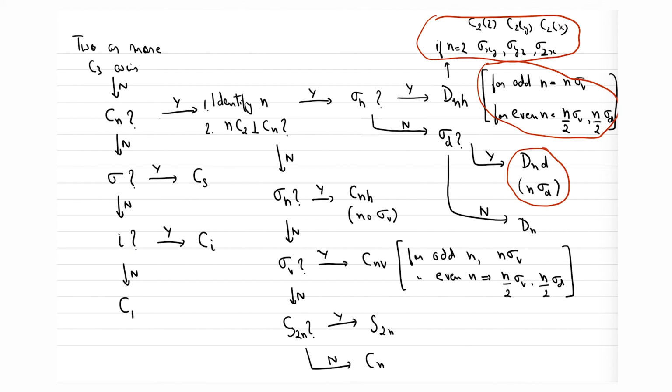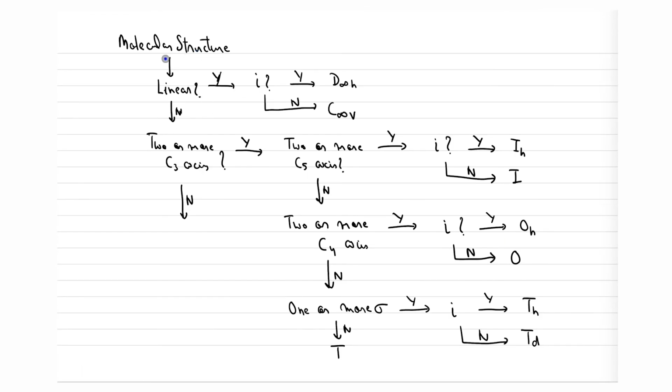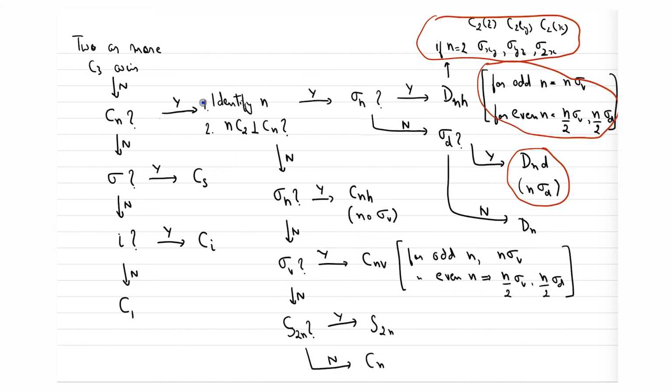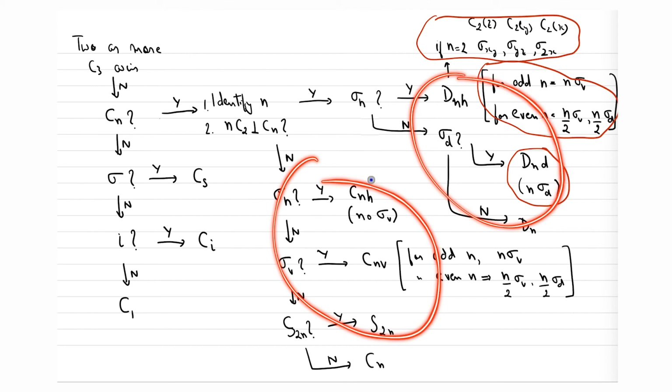Okay. So we have seen how, starting from molecular structure, you can ask a set of questions and arrive at linear and cubic point groups, non-rotational point groups, single axis rotational point groups, and dihedral point groups, right?